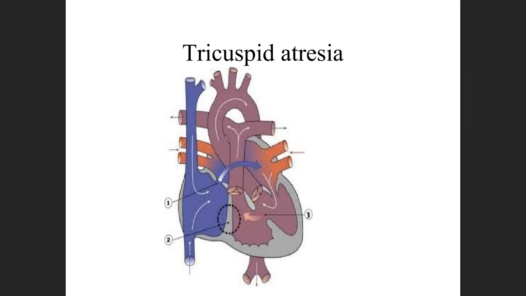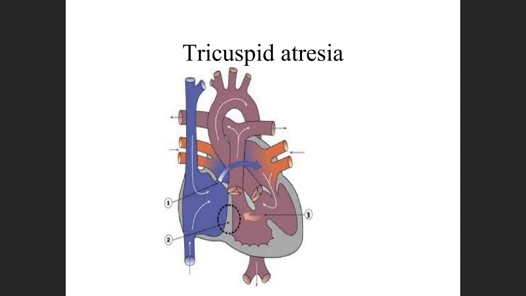And blood, therefore, coming back in the systemic venous system, goes across an atrioseptal defect from right atrium to left atrium to the left ventricle, and in fact will mix at that point with blood coming back from the pulmonary circulation.